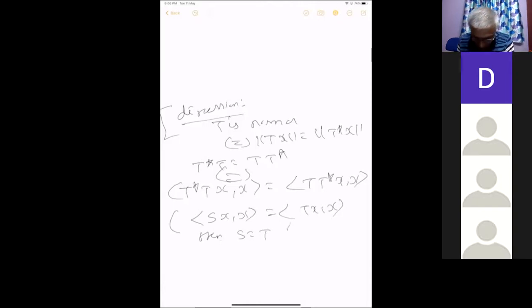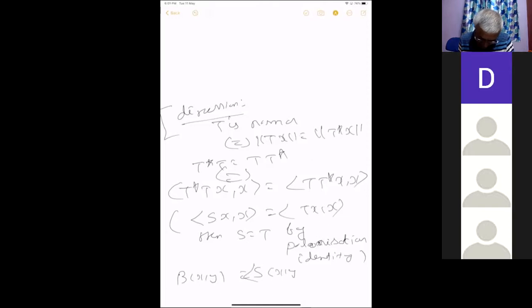This is by the polarization identity. The polarization identity says that you take b(x,y) equal to <Sx,y>.